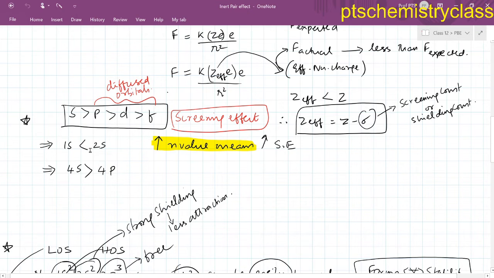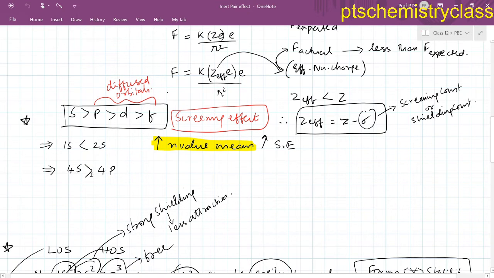And just to understand the concept of screening, if you want to compare the screening effect of 1s orbital and 2s orbital, 2s will have a stronger screening or shielding effect than 1s, because as the n value increases, shielding effect increases.